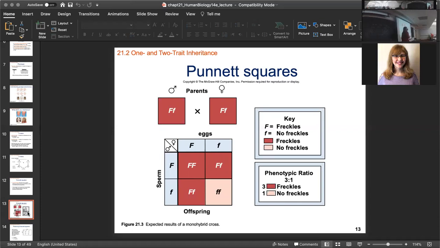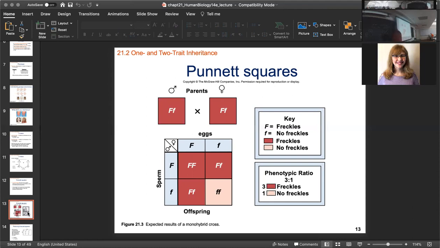We know that both of those parents have freckles, okay? These parents cross, and they have an offspring, and these are the options to which that offspring could have freckles or not, okay? So you put each of the alleles on the outside of the square.